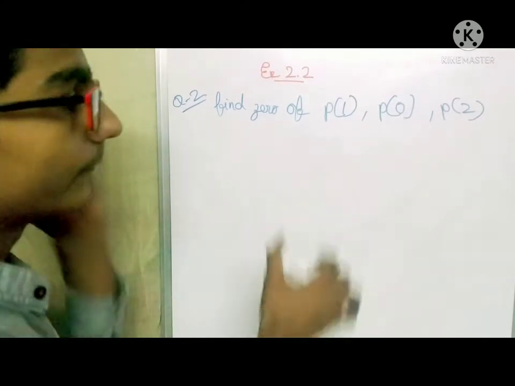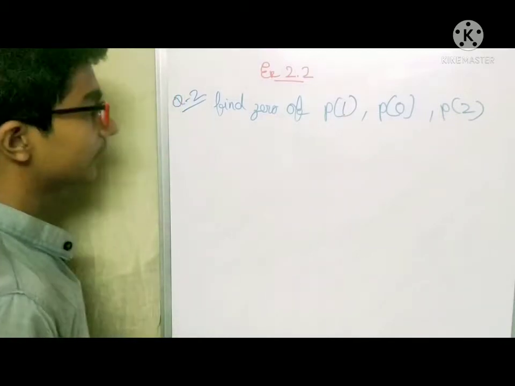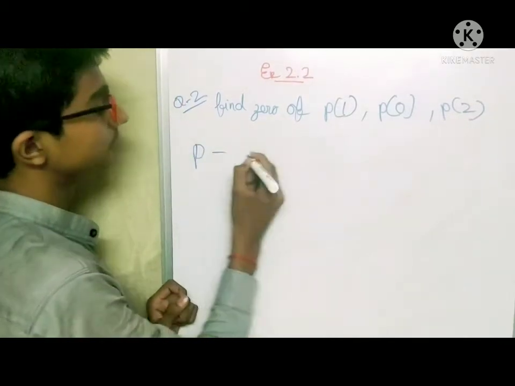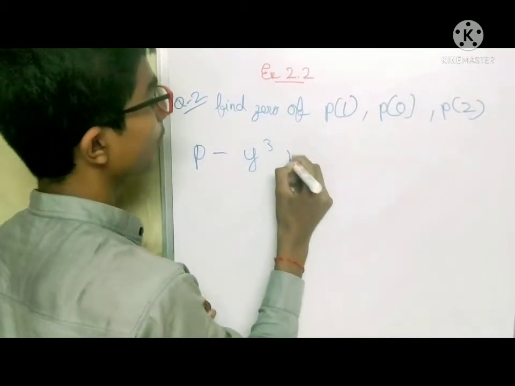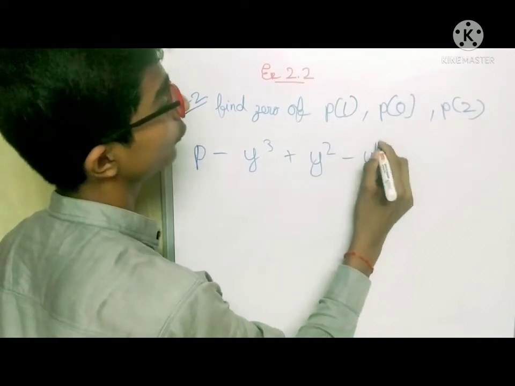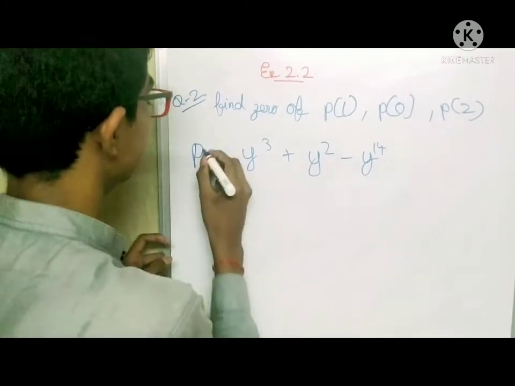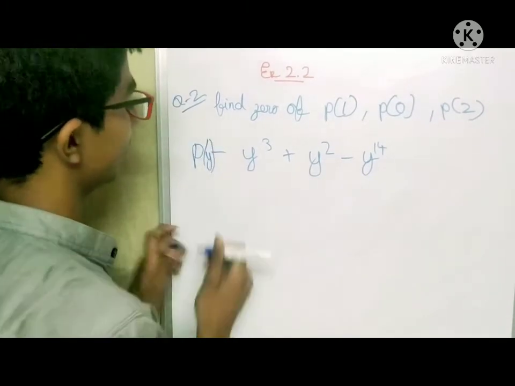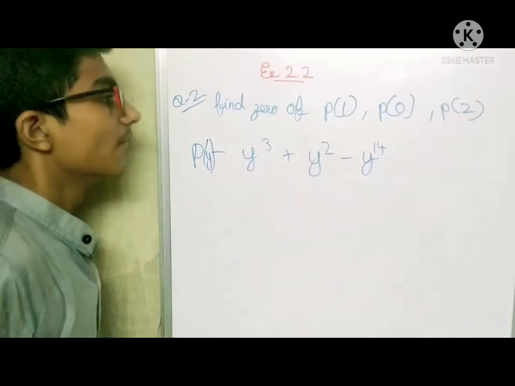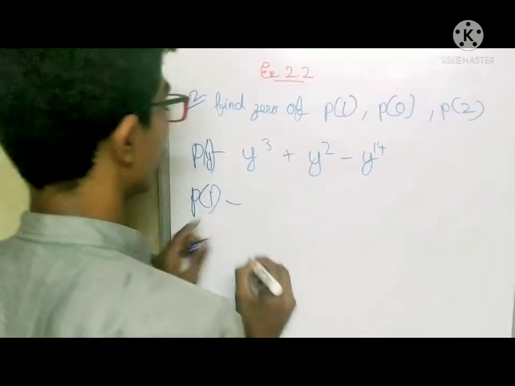Now p of 1, p of 0, p of 2 means that if a polynomial is given like y cube plus y square minus y plus 14, wherever y is given, see, this is p of y. So now when we do it as p of 1, what are we going to do?